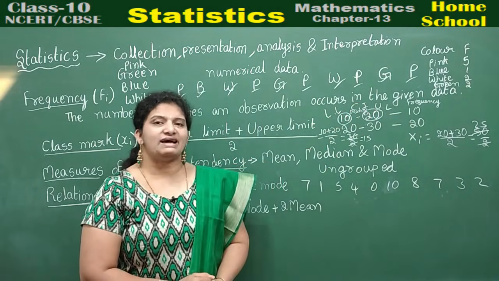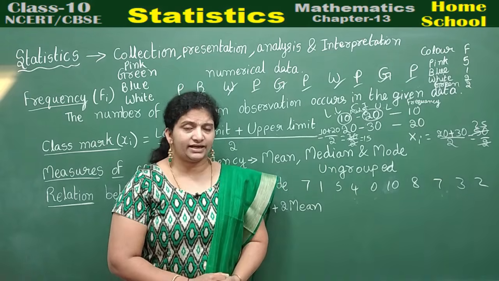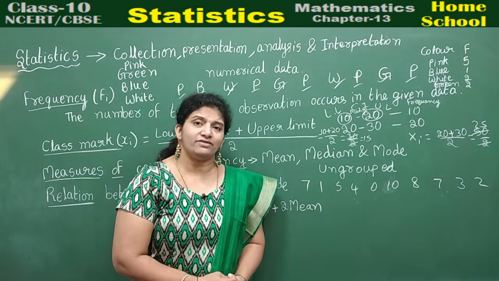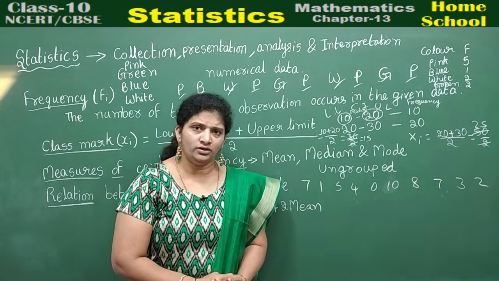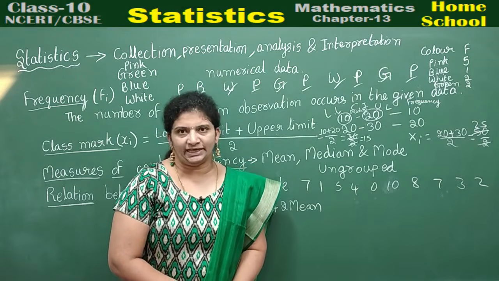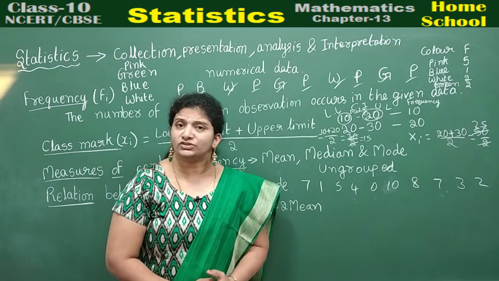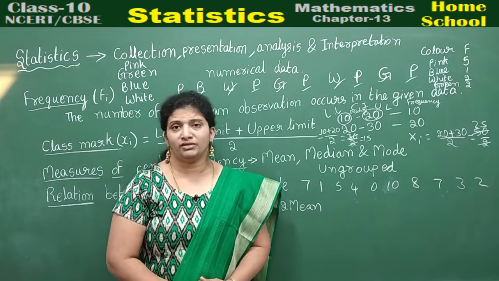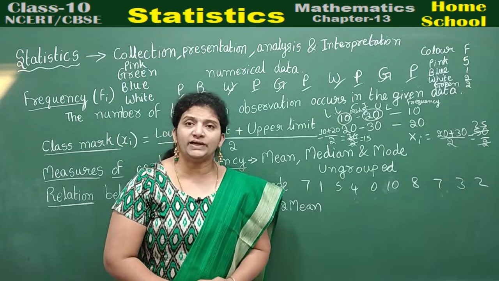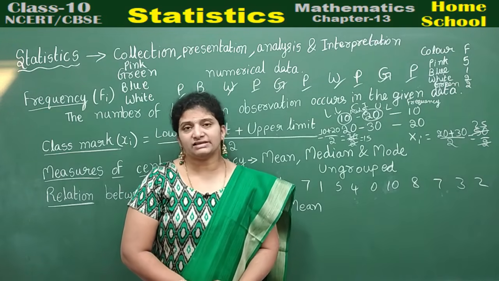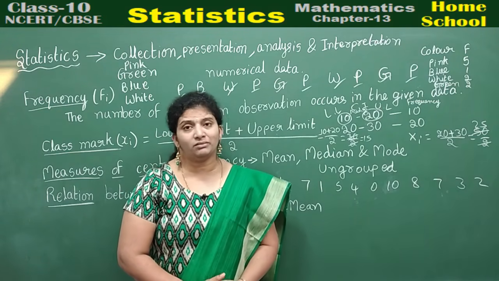In our previous classes, we found the measure of central tendency, that is the average, mean, median, mode for ungrouped data. In this year, we are going to calculate the mean, median, mode for grouped data.